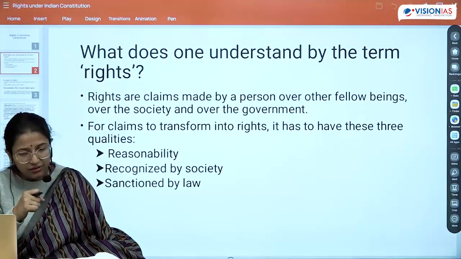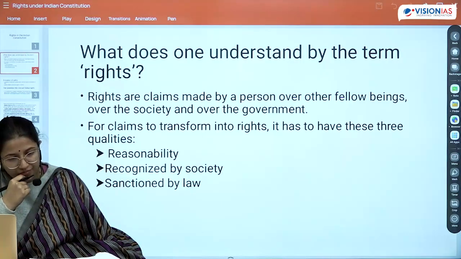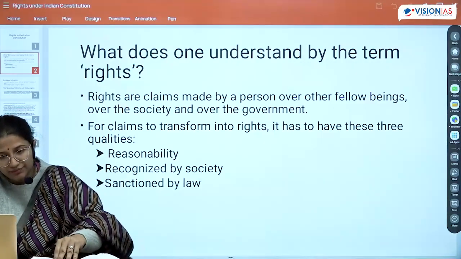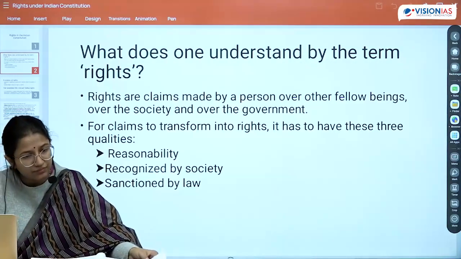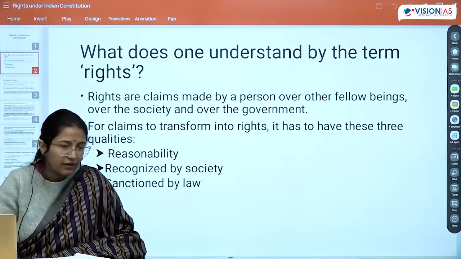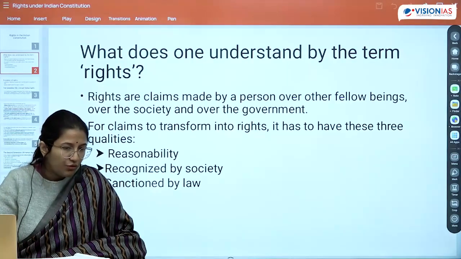Second condition, recognized by the society. Put a hyphen, write down the notion of right.